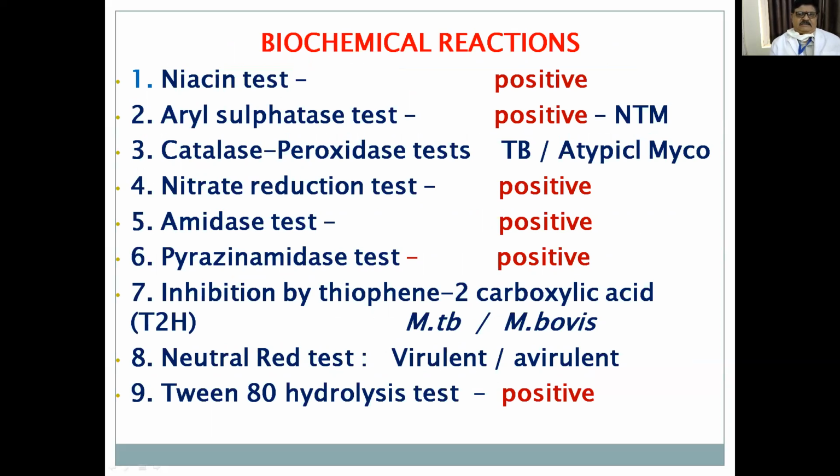Biochemical reactions. It's not as if you have to remember all these things, how to do the test and all. But just remember, the niacin test is positive. The aryl sulfatase test is positive only in case of non-tuberculous mycobacteria. Catalase-peroxidase tests differentiate between tuberculous bacilli and atypical mycobacteria.